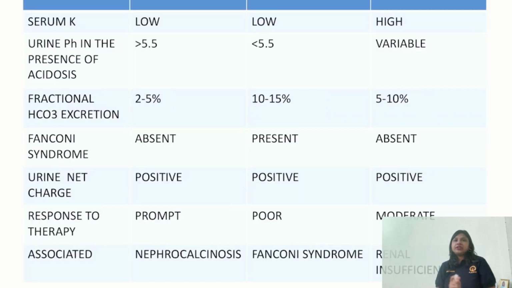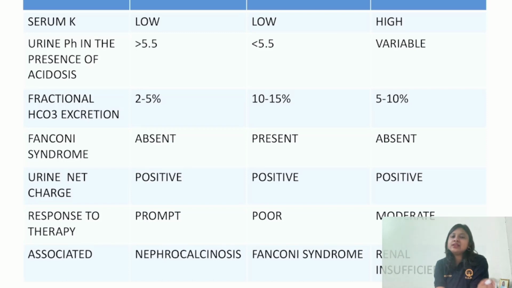Now coming to renal tubular acidosis. Before I talk about this chart of renal tubular acidosis, let me tell you, normal pH is 7.35 to 7.45. I will discuss this in my last general pediatric section a bit. If the pH is less than 7.35, we call it acidosis, right?